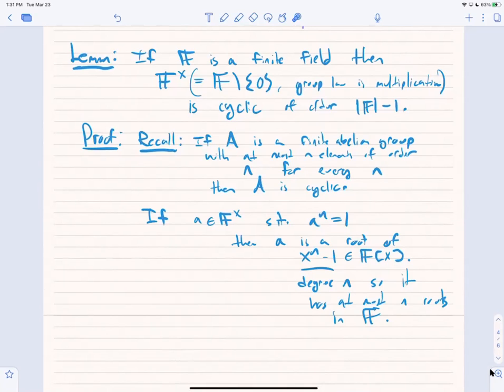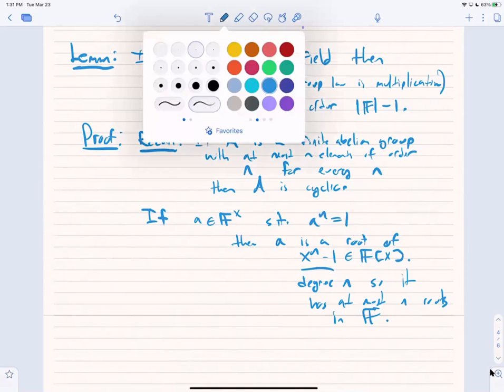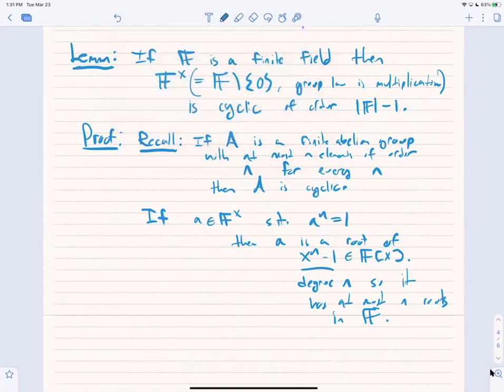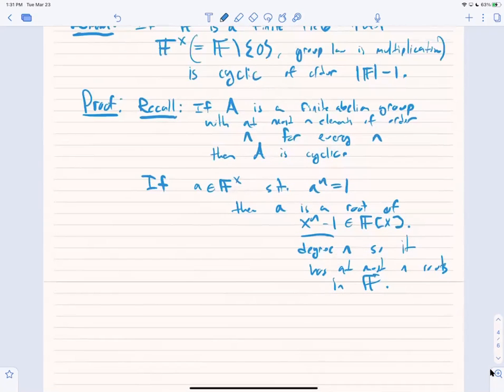And so for any field, if the torsion elements in F cross form a finite group, then it's a cyclic group. Okay. But anyway, we just need this for finite fields, and this is the main place it's useful. Okay, so then we'll use this to prove our main theorem.